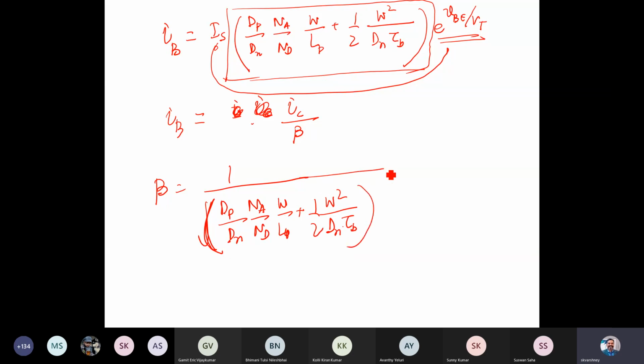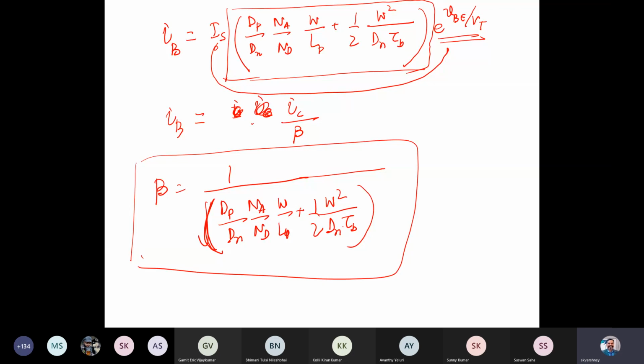What you see here is that this factor beta depends on all the fabrication parameters and constants: the diffusivity for holes, the diffusivity for electrons, the concentration of donor atoms and acceptor atoms, and the width and diffusion length, which depend on your concentration gradient profile, that is, how you make it.